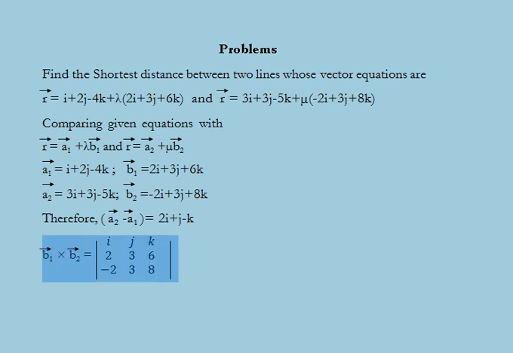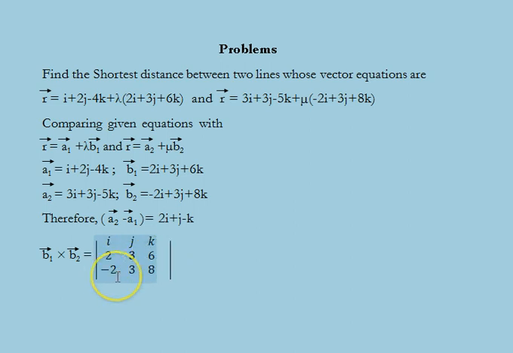Next we are going to evaluate the value of b1 cross b2, that is the cross product of vector b1 and b2. In form of its components we can write the vector product as the first row consisting of i, j and k, which are unit vectors. The second row has the elements of vector b1, which are 2, 3 and 6.